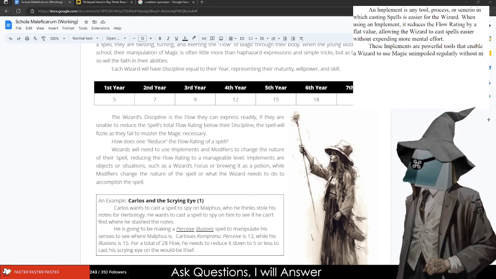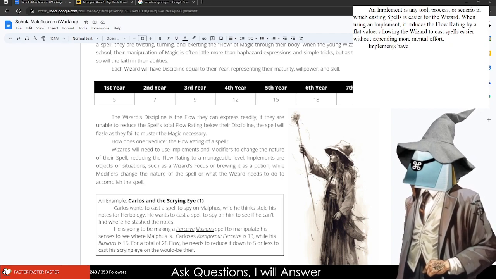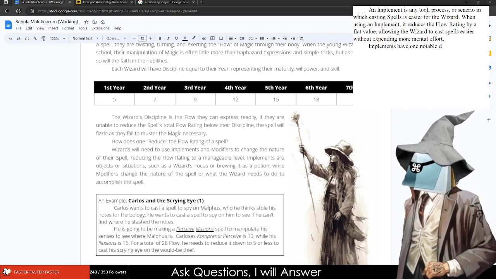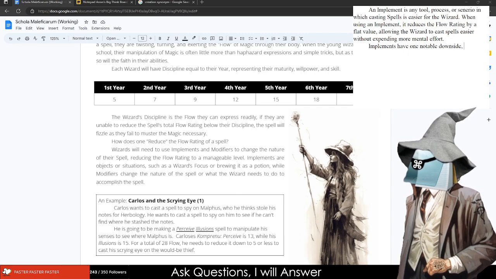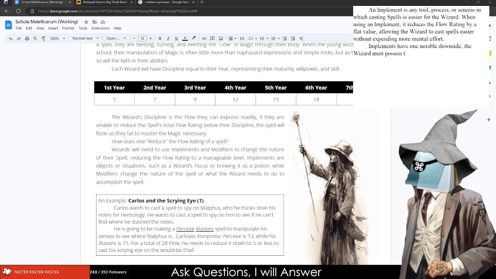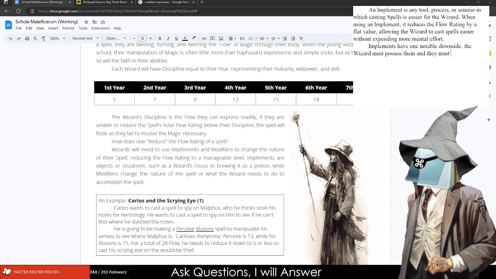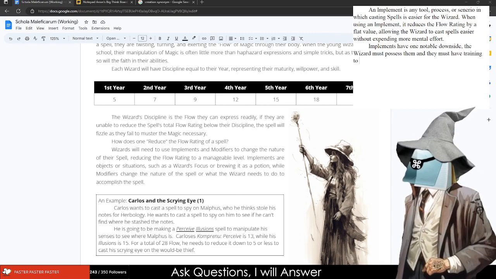Actually, implements have one notable downside. The wizard must possess them, and they must have training to use them.